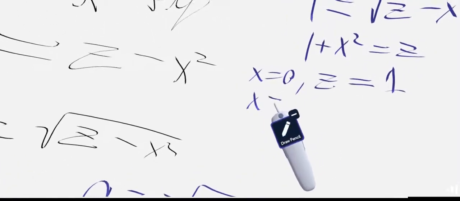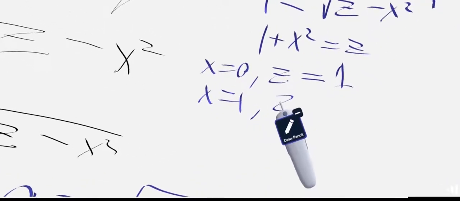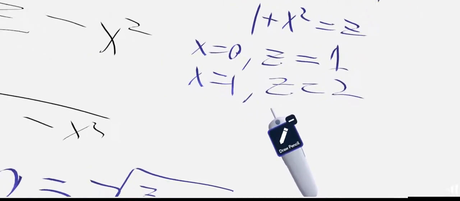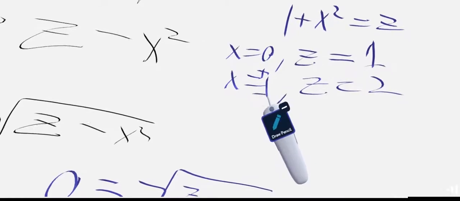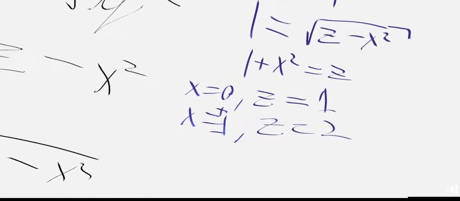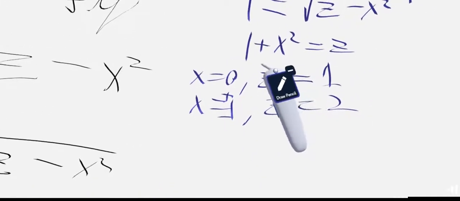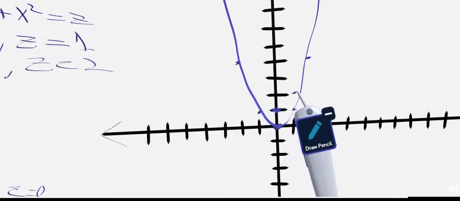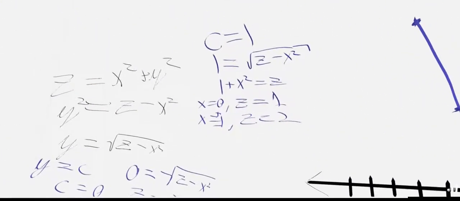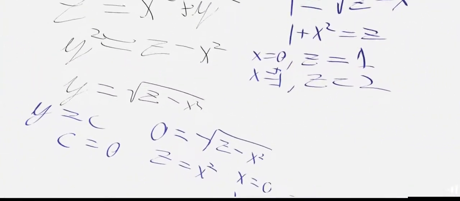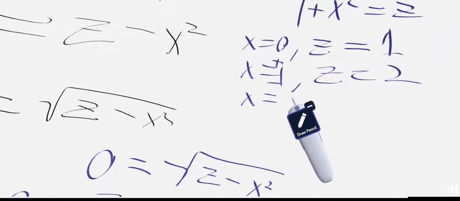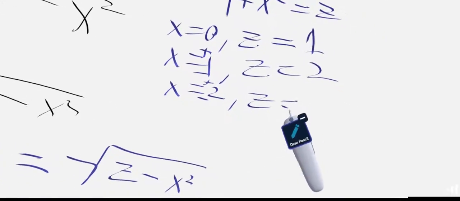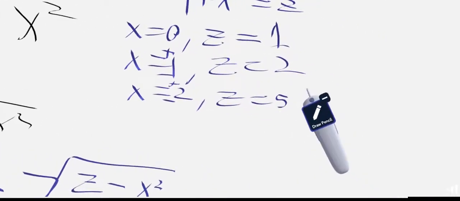What happens when x is equal to 1? Well, then z is going to equal 2. That's going to be plus and minus 1, because when it's a negative 1 that you plug in there, it's still going to become positive. So 1 plus 1 is 2. So it's going to be right there and right there. When x is equal to plus or minus 2, then z is going to equal 5.